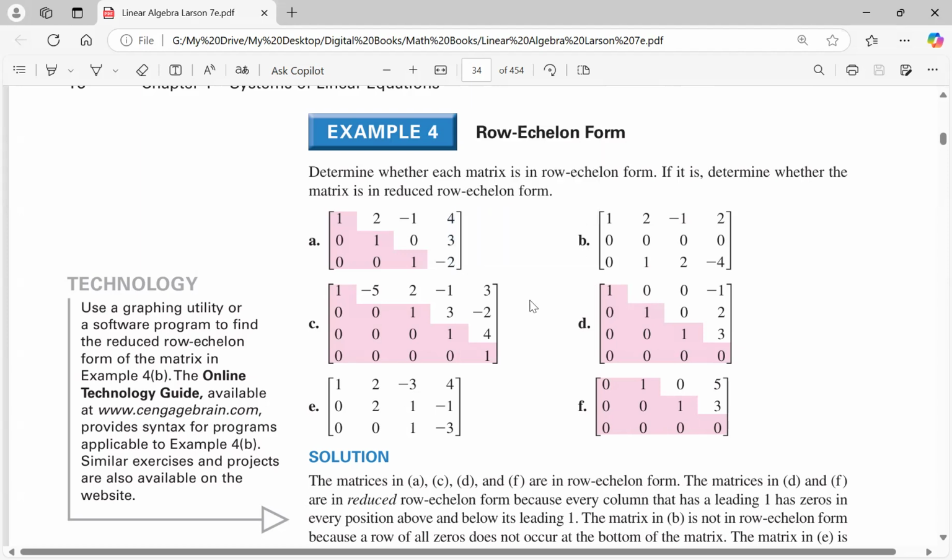Those don't have to be ones. A lot of times, if the matrix is in Gauss-Jordan form, for example D, the last column actually gives you the solution to these variables. So in D, the solution to variable, let's say Z, if it's X, Y, Z, the solution to Z is 3. So that's the advantage, by the way. That's why we like matrices to be in their Gauss-Jordan, that means reduced row echelon form.